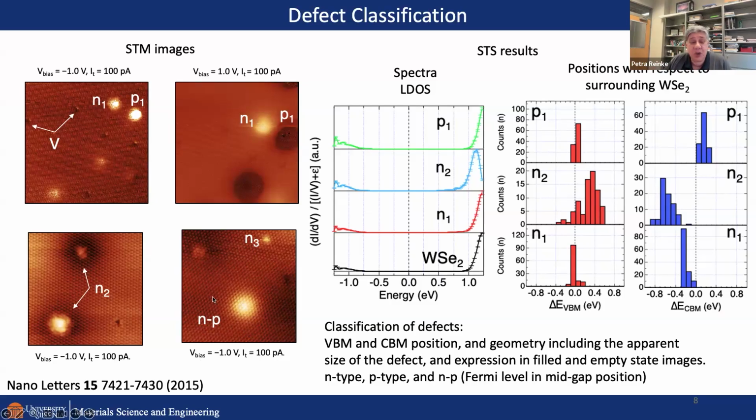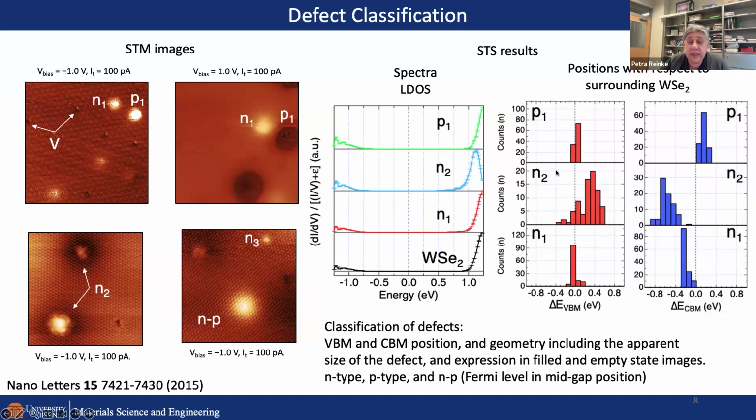So that means you don't just degrade from the top into the bulk, but you also start to degrade beneath the surface, essentially. So we have typical vacancies. These are generally selenium vacancies, which we can identify.